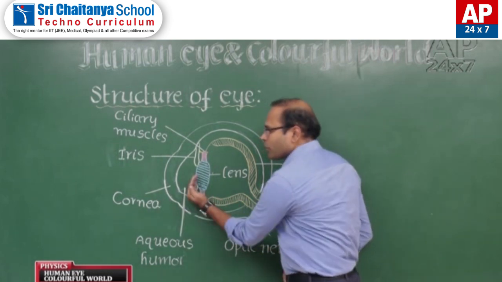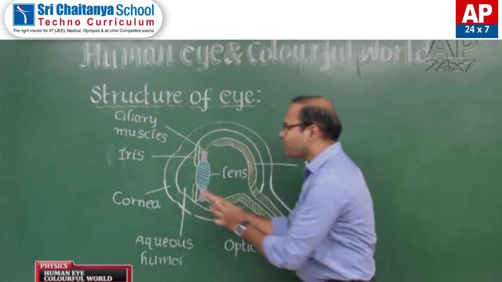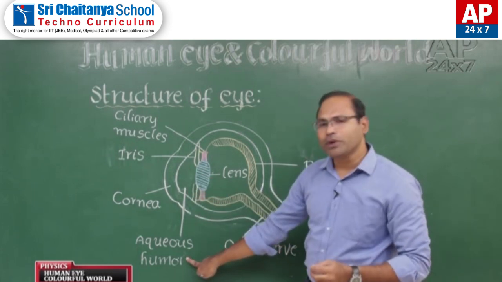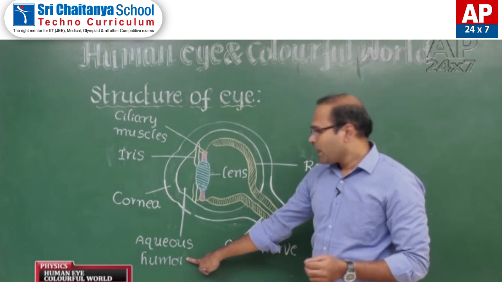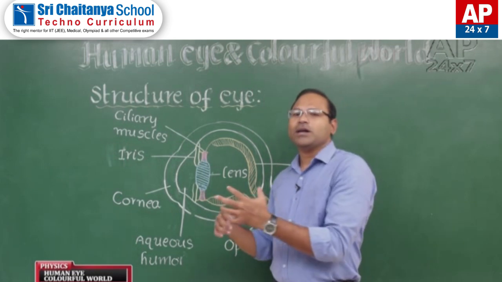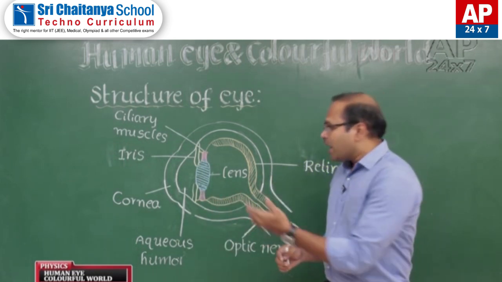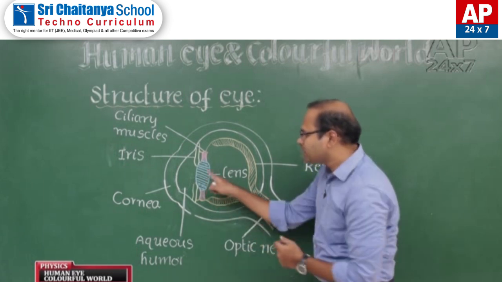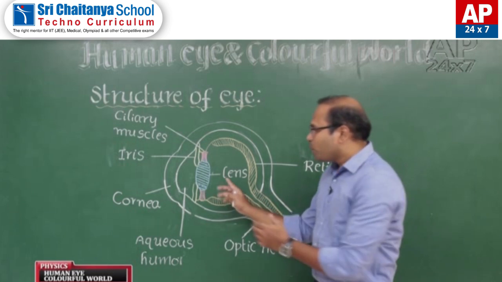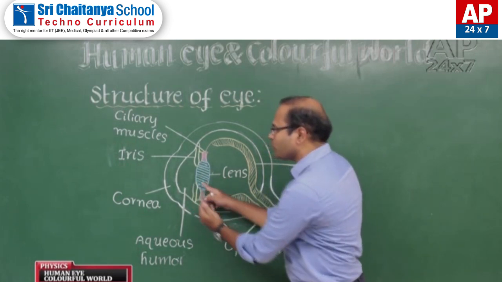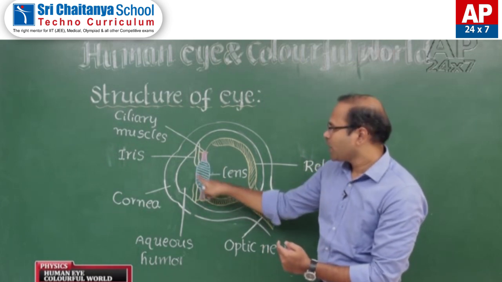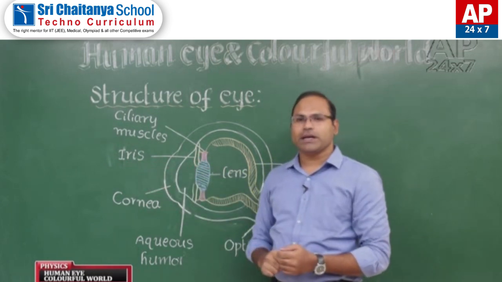Behind this cornea, this region is filled with a fluid called aqueous humor. The aqueous humor's function is to nourish the eye. It provides nutrients to the eye. Behind this aqueous humor, you see a lens, which we call the eye lens, and between the eye lens and aqueous humor, you are observing a strong muscle, which we call the iris.